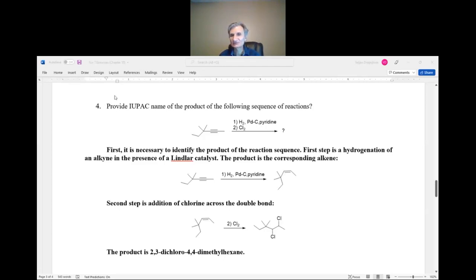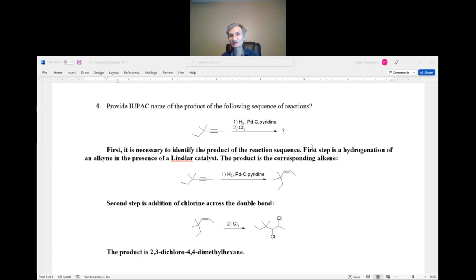So there are two steps. First, hydrogenation with palladium in pyridine. Palladium on carbon simply means that carbon is the catalyst support. Palladium is very expensive, and the reaction occurs only at the surface of the catalyst.